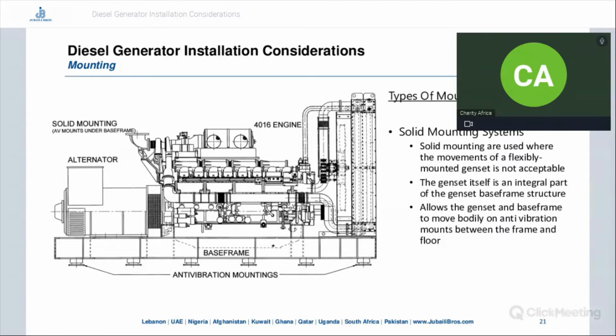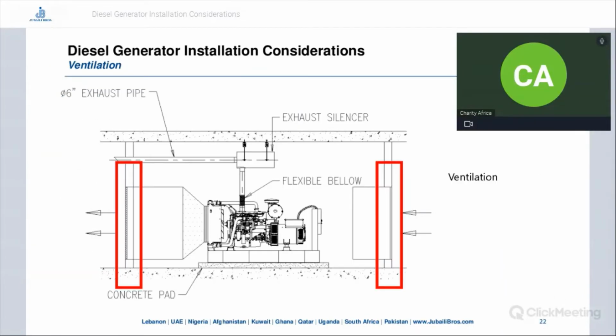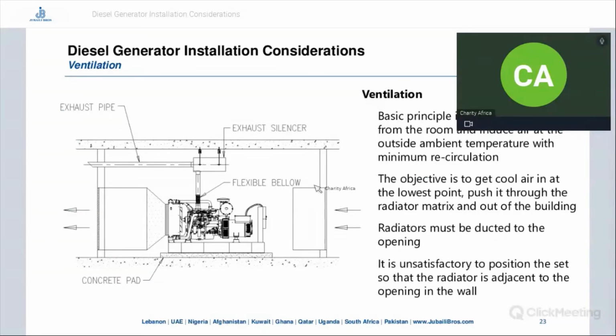So on the next slide, we will be discussing the ventilation. Ventilation is a very crucial part in the installation considerations. The basic principle is to extract hot air from the room and induce air at the outside ambient temperature with minimum recirculation.